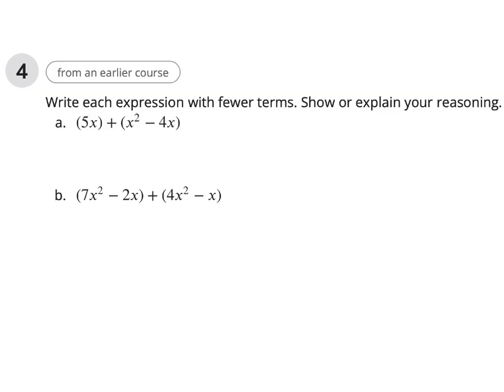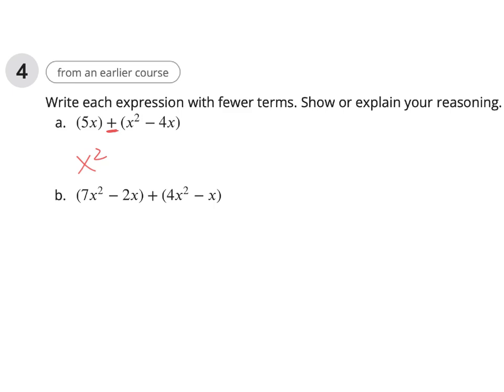Okay, so let's look at this problem right here. We have a plus in between the parentheses or the groups. We have a monomial added to a binomial. And because we're adding, we use combining like terms. X squared is by itself, so we're just going to write x squared. There's no other x squared term.